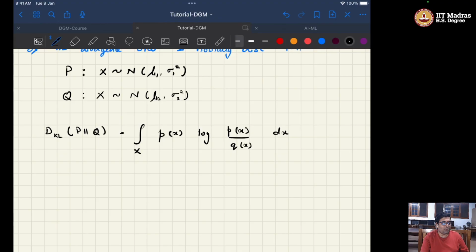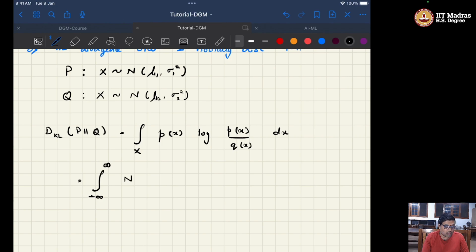And by now this formula should be by heart to you. Since we are looking at the normal distribution, here we have the support from minus infinity to infinity.